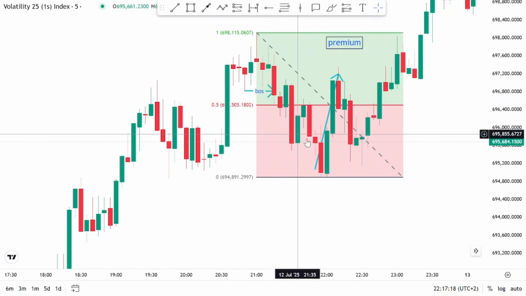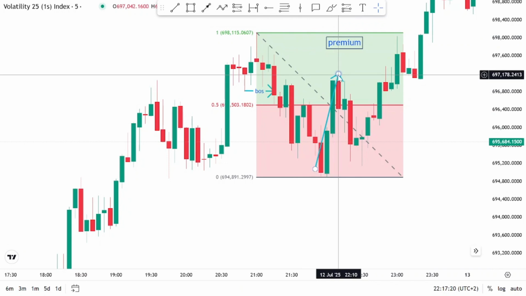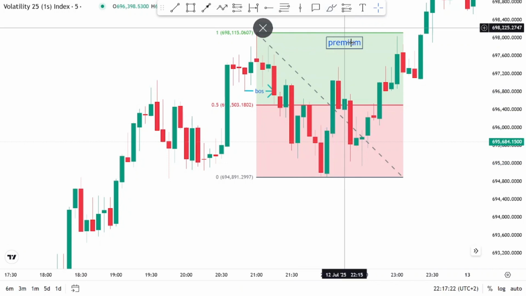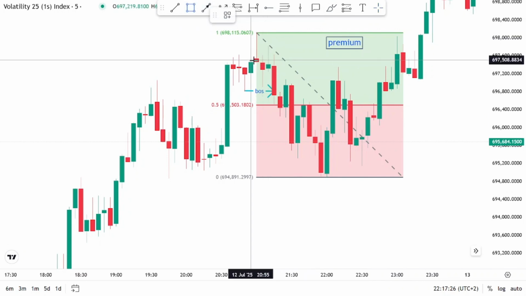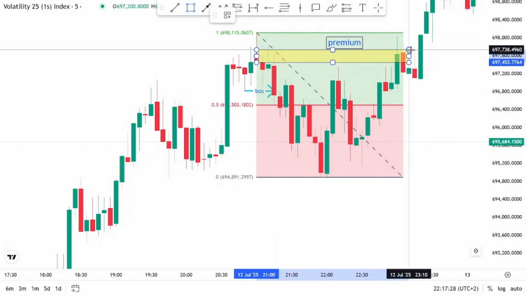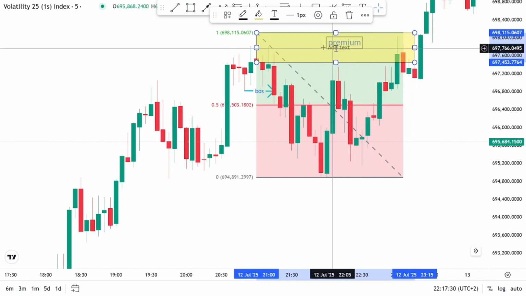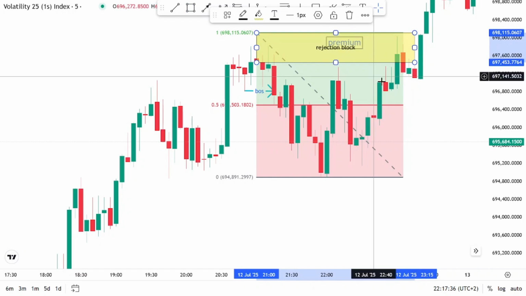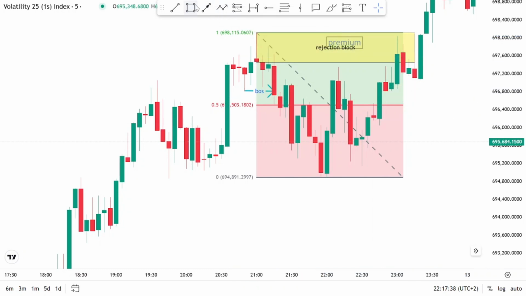our premium level, which is right here, we start looking for our 7 institutional reference points. So the first one we have is the rejection block. It's here. Rejection block. And then number 2, what do we have? We have an order block, which is here.